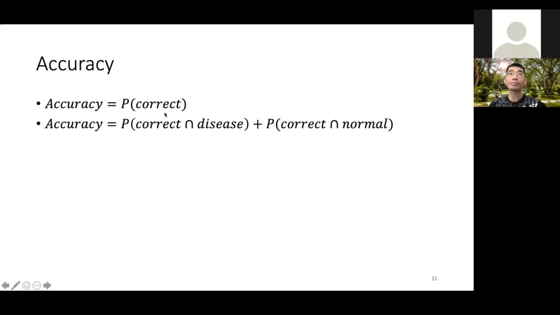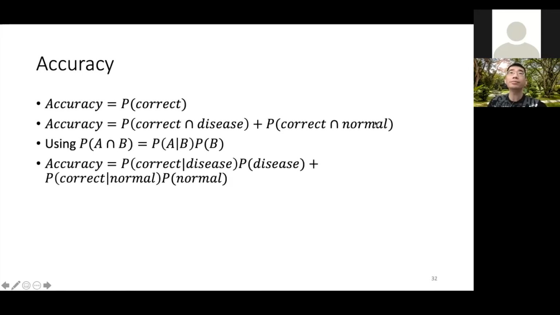We can break down this probability of being correct as the sum of these two probabilities: the probability that the model is correct and a patient has the disease, plus the probability that the model is correct and the patient is normal. The law of conditional probability allows us to further expand this out.